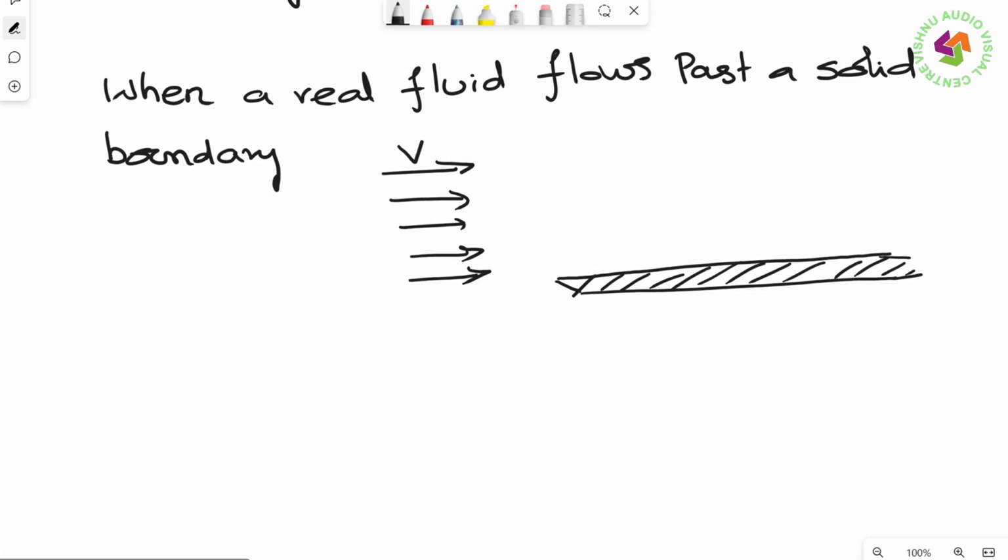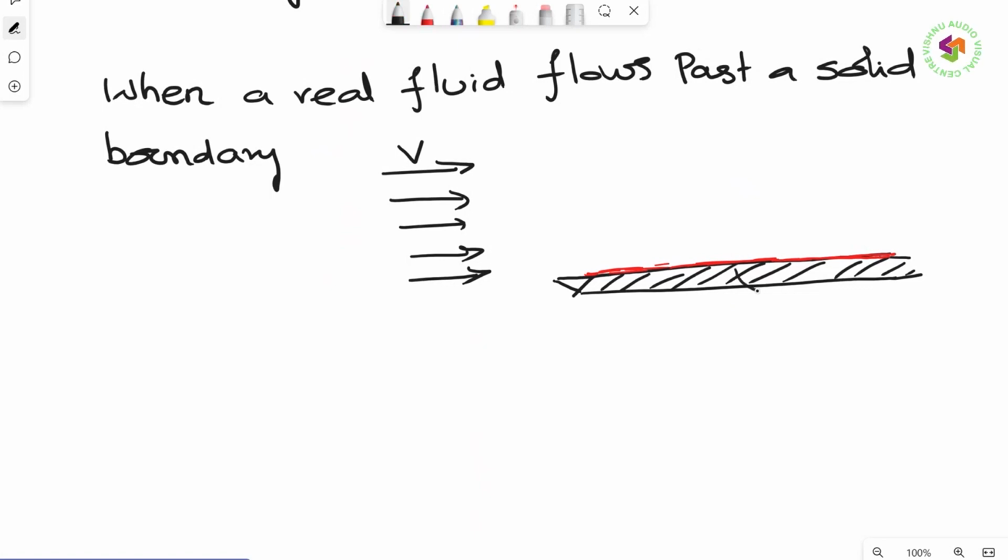When it flows past a solid boundary, you see this first layer of fluid particles. This red one is the layer of fluid particles. This layer adheres to the boundary. Where is the boundary?